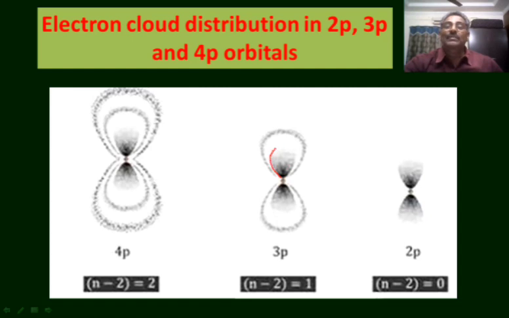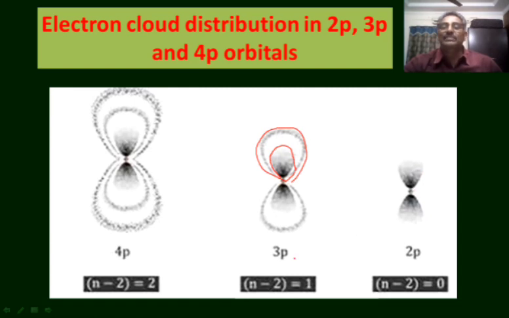This is one concentric circle and this is the other concentric circle. 2 concentric circles are there in each lobe in 3p orbital. In between these 2 concentric circles, there is certain space around the nucleus where the probability of finding electron is 0. That means this is the nodal region in the 3p orbital. There is no such kind of nodal region or spherical node in 2p orbital.